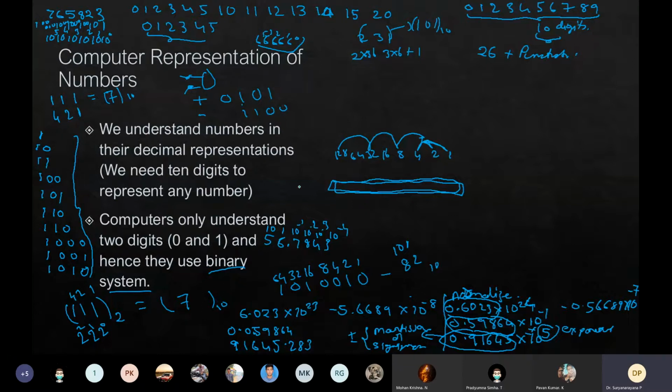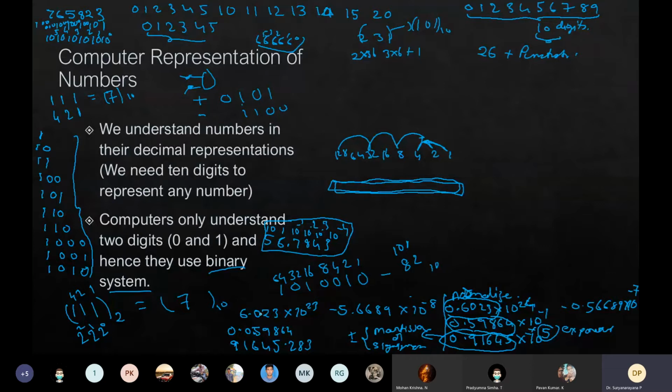How do you store this kind of numbers when you have a real part to it, when they are real numbers? For that, I told you in the morning that what we do is we normalize the number. What is the meaning of normalization?